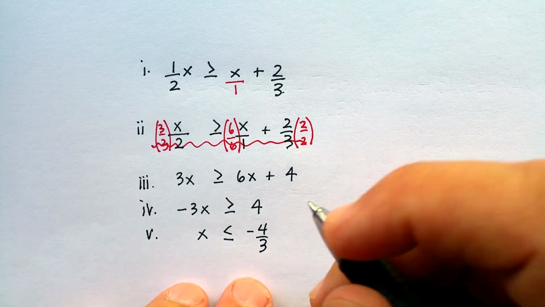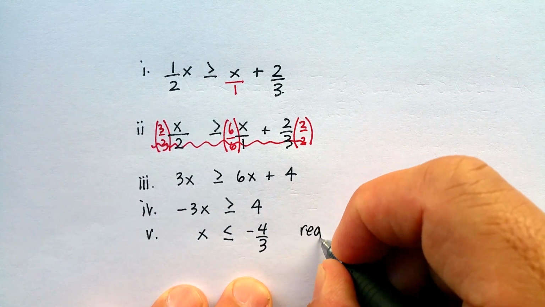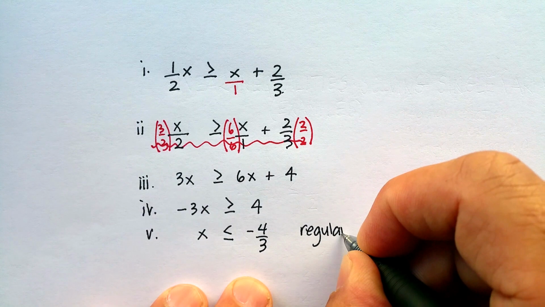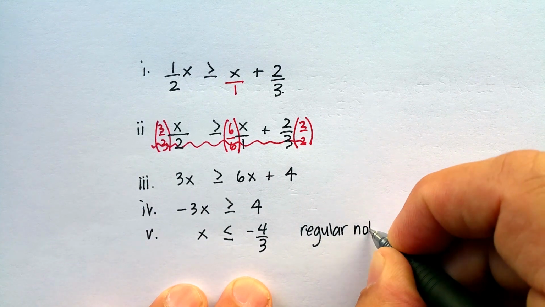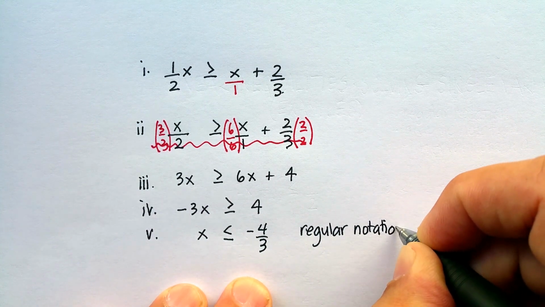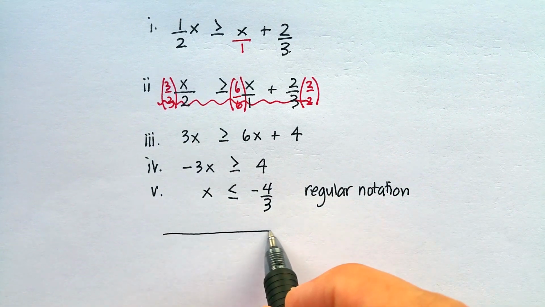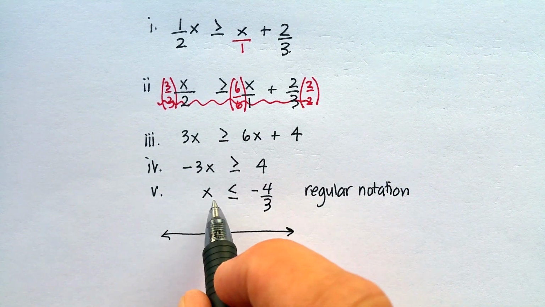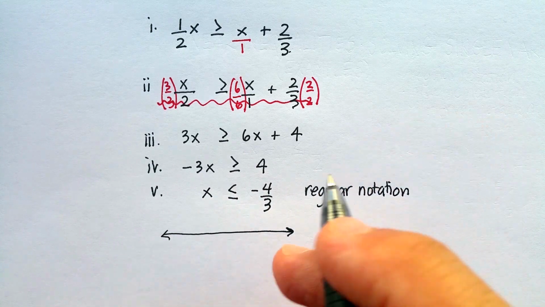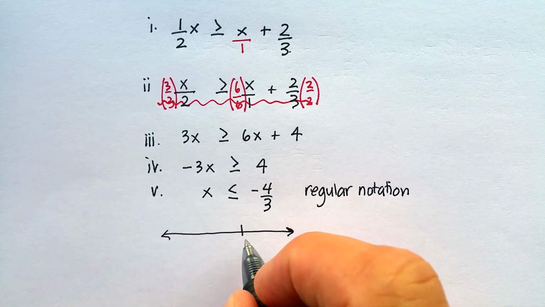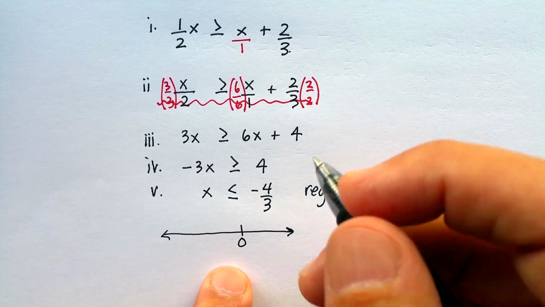So here's my regular notation, isn't it? Just like what we did in the last problem. Graphically, what does that look like? Here's my number line. Again, one variable means one axis, right? So I'm going to again put in a 0 as my reference.